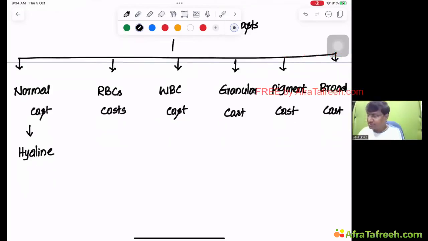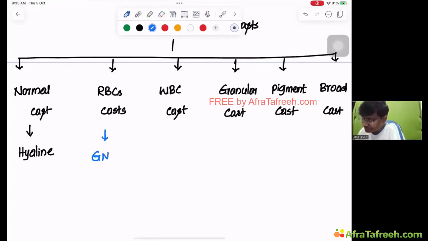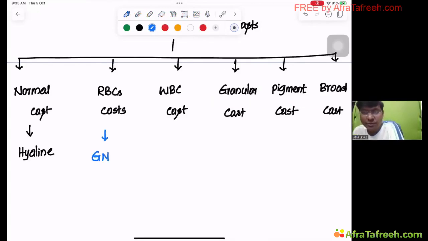What are the conditions where you will have the RBC cast? Okay, this you should be able to answer. Can anyone tell me what are the conditions where you will have RBC cast? Yes, you might have read this even in your connective tissue disorders also. Very good, Soumya. That is in glomerulonephritis. That is, you take post-streptococcal glomerulonephritis.